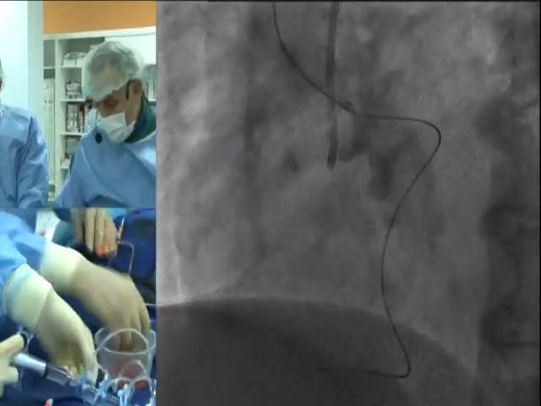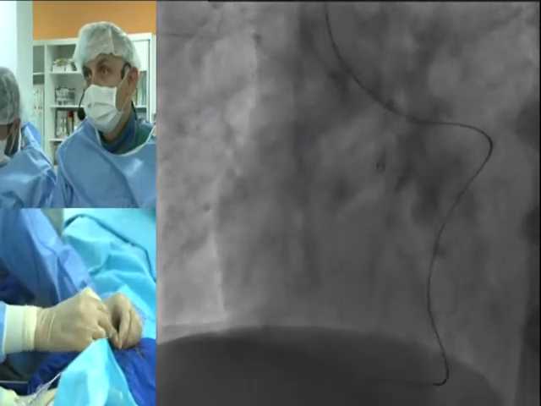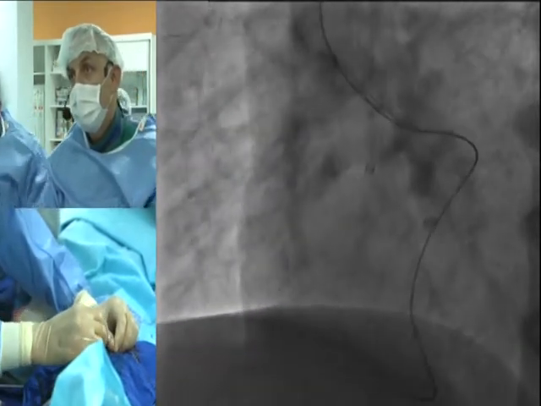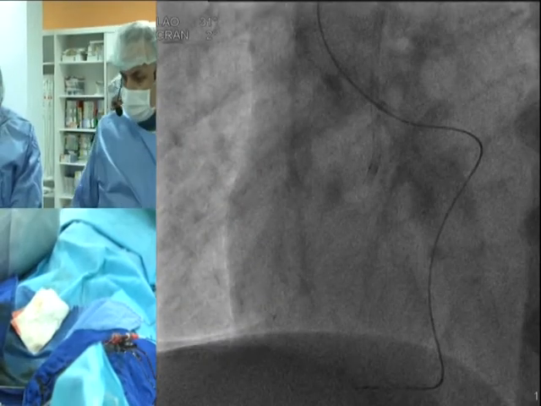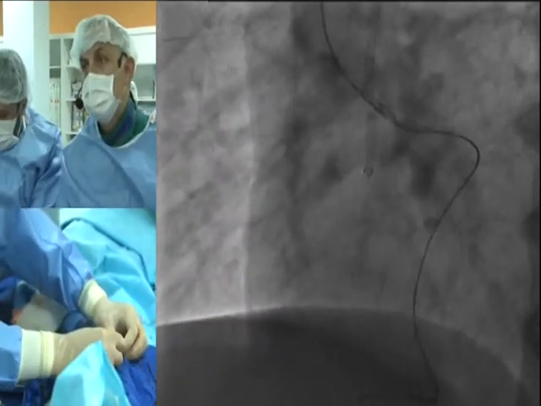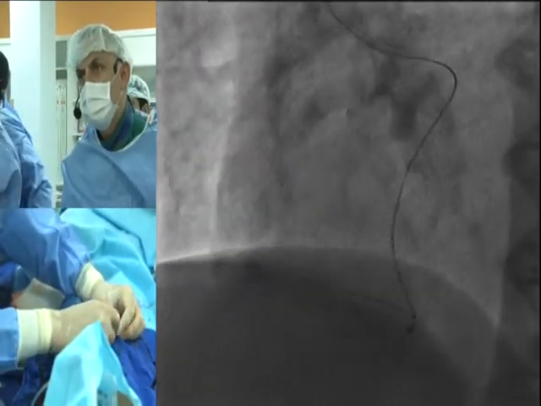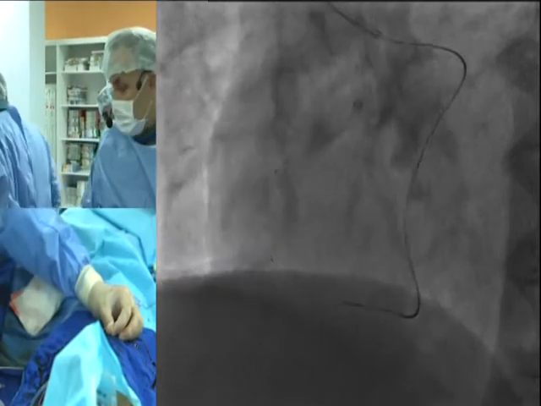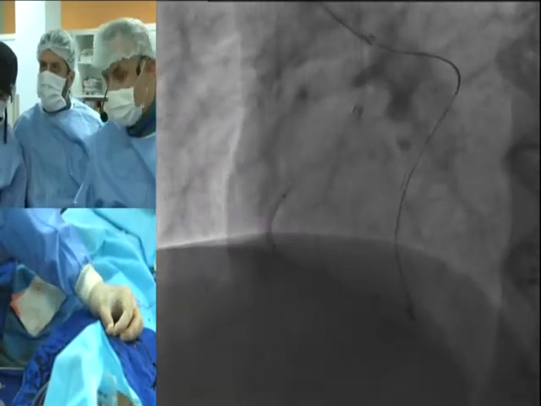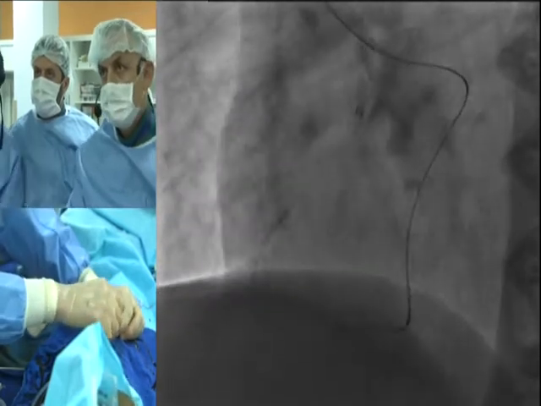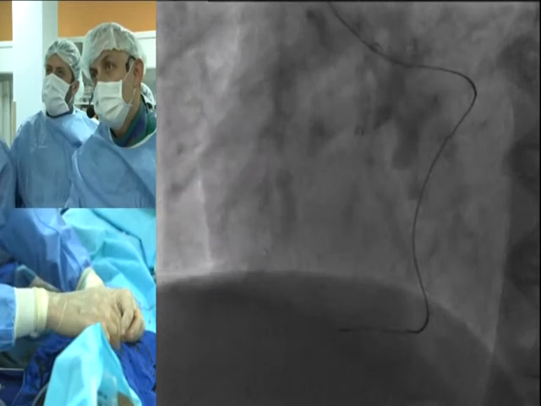Okay. So I want to insert a balloon here. Yeah, I'll start to dilate from here. 20. 20. 14, 15, 16. Good. Down. 20. 14, 16.